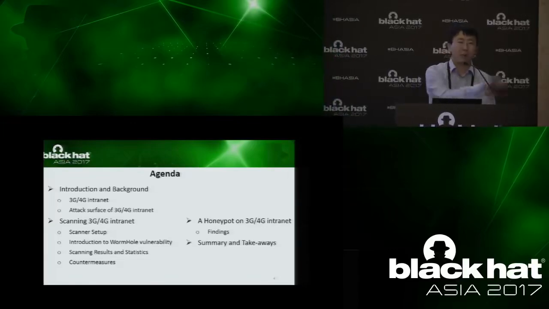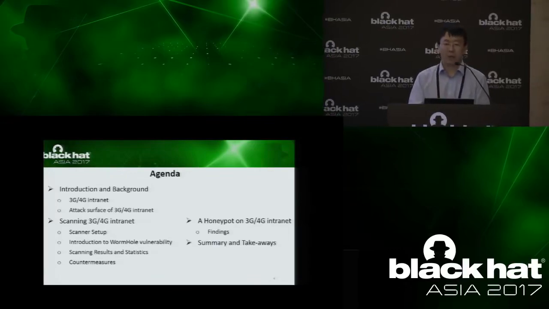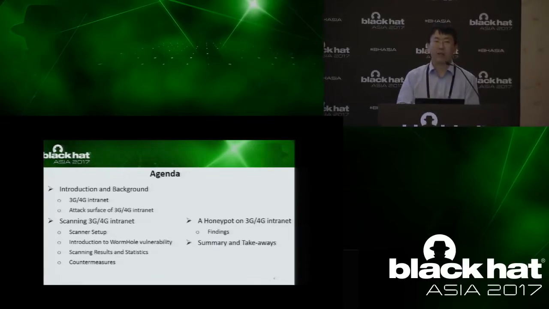Later, Zhang Jing will introduce the honeypot work, where we set up several honeypots to capture scanning and attacks in the 3G, 4G intranet. Here we will introduce our findings and several interesting results. Finally, there will be a summary and several takeaways.